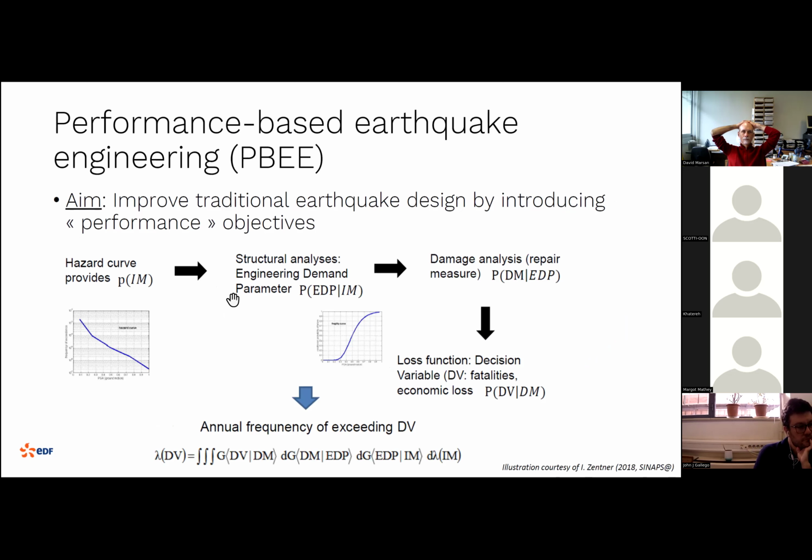You can use this information from the hazard curve to evaluate the probability of exceeding specific engineering demand parameters, like, for example, the inter-story drift. And this gives you a hint on the damage that you can expect for specific buildings. And you can estimate some loss function that you will try to optimize when you design your building. So you can build buildings that are resistant to specific loading.